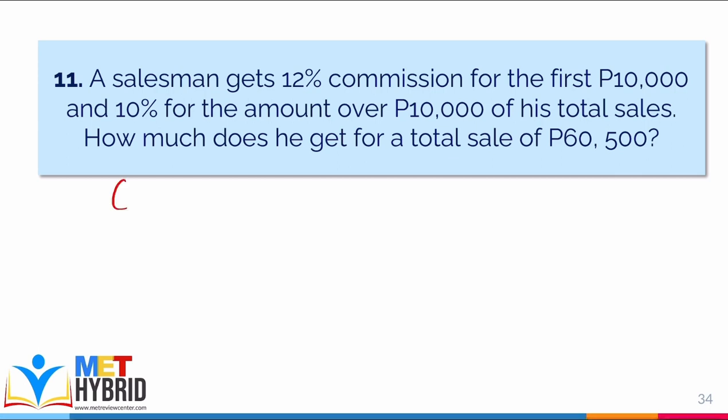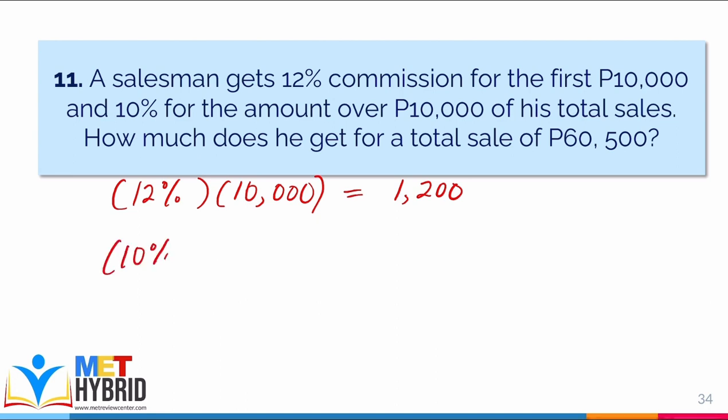We multiply 12% times 10,000, which results to 1,200. Now we solve for the commission for the amount over 10,000. We multiply 10% times 60,500 minus 10,000.